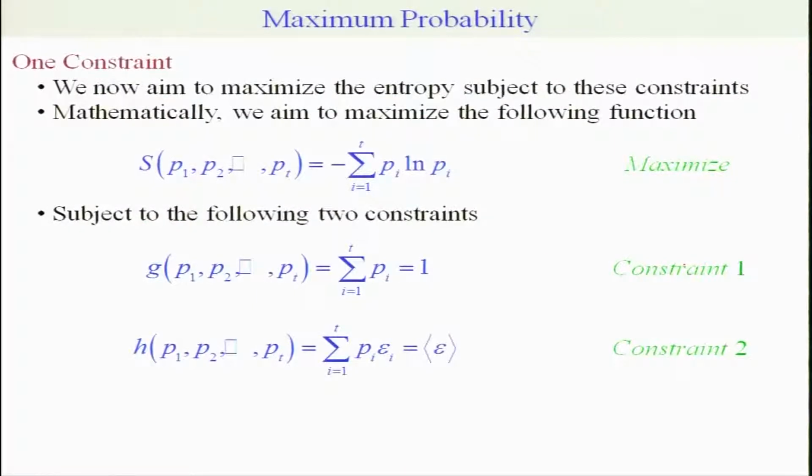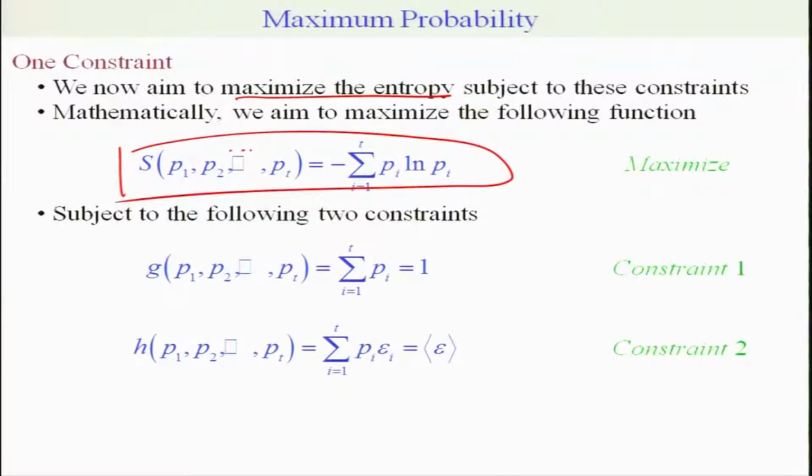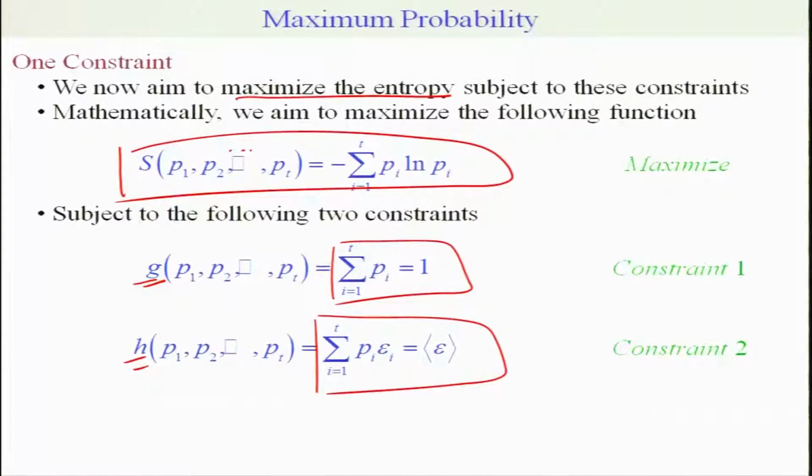Now we have to maximize the entropy. So this is P1, P2, dot dot till Pt. This we have to maximize, but with the constraint that summation P is going to be 1, that is your G function, and the H function is that summation Pi epsilon I is a known value, which is the average value of E.